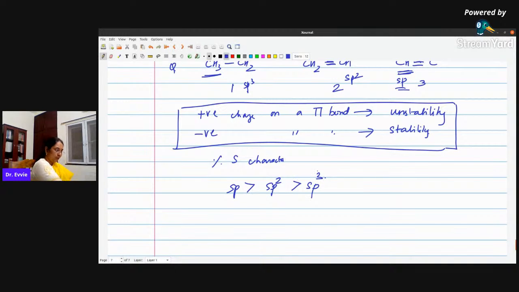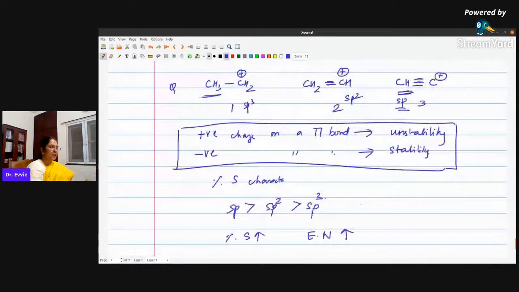So what you have to remember is, the more the percentage of S character, the more its electronegativity. Electronegativity will be more.